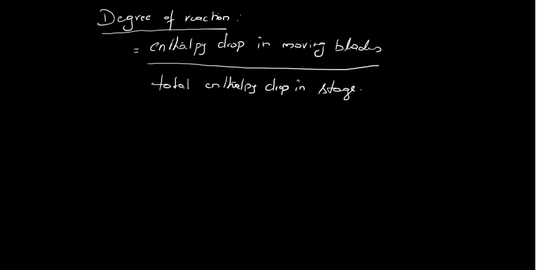Now we'll try to write the relation for enthalpy drop per kg in moving blade. The numerator we have, we try to derive the relation for this, and for the denominator also we'll write the relation and then compare it and see what would be the degree of reaction for a reaction turbine. We'll see that, right?